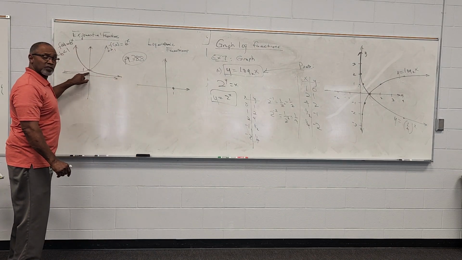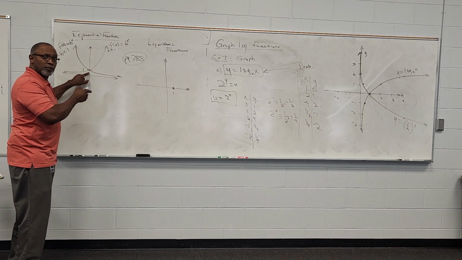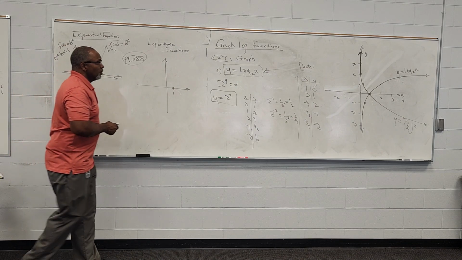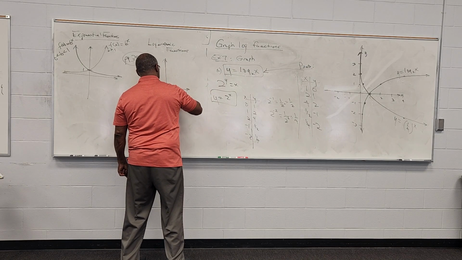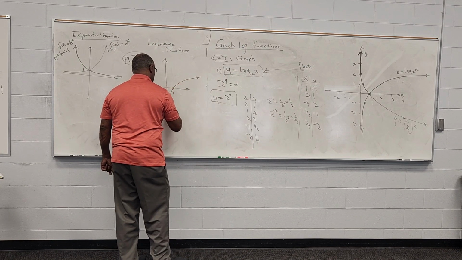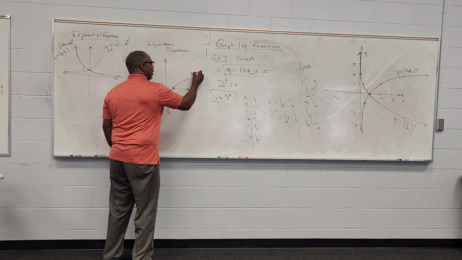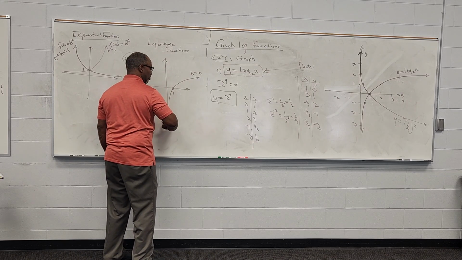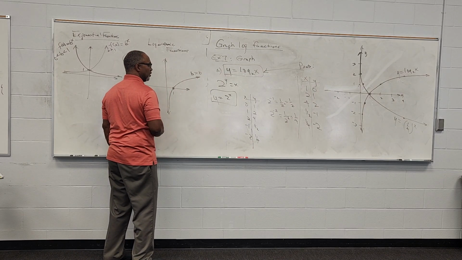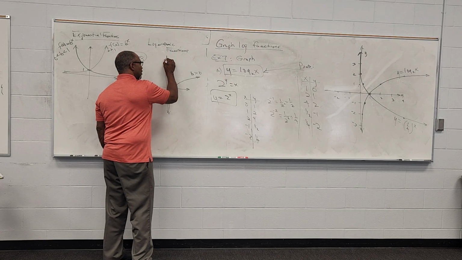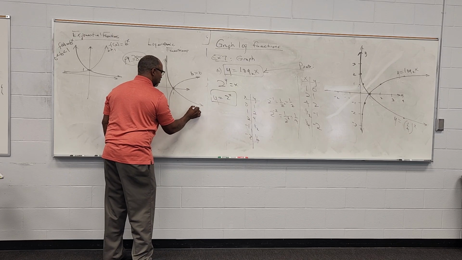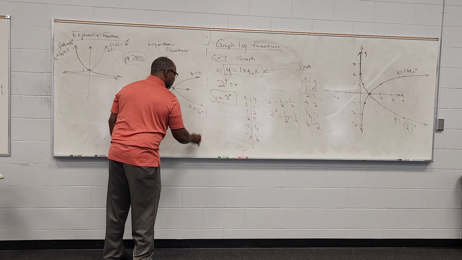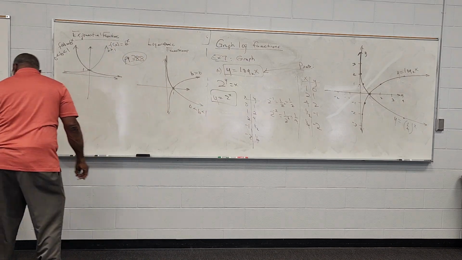All exponential functions go through the point (0, 1). Just like we see there, if the b is greater than 1, all log functions will do that. It'll be an increasing function like that. If the b is greater than 0, less than 1, it'll do that.